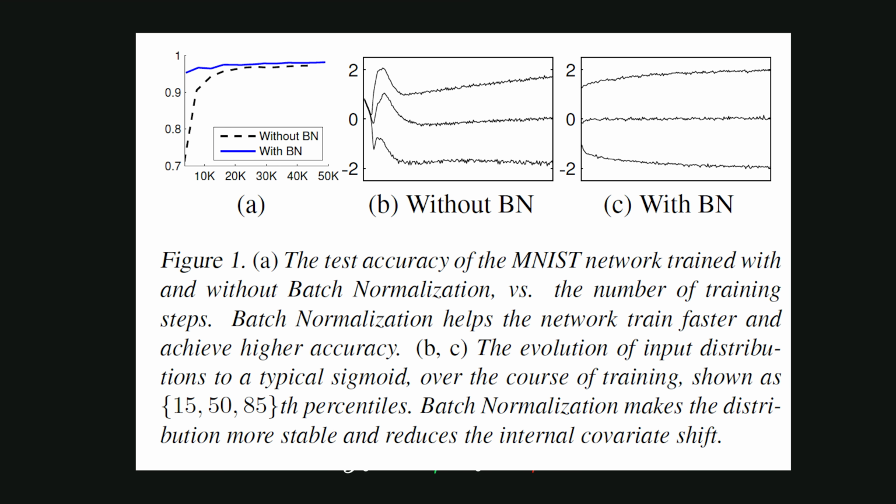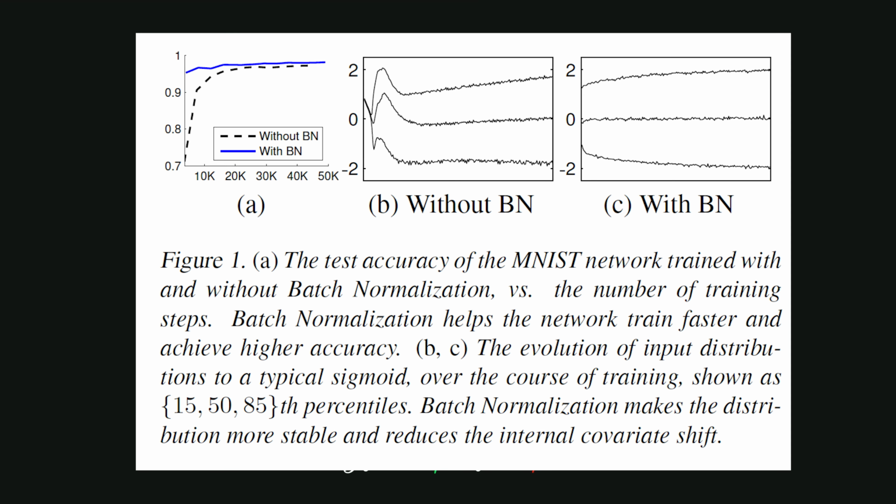And if you read the original paper, which I highly recommend, you will clearly see that networks trained with batch norm learn much more efficiently than networks without it. And for a long time, it was believed that batch norm works because it fixes this thing called internal covariate shift, basically keeping the distributions stable at each layer.